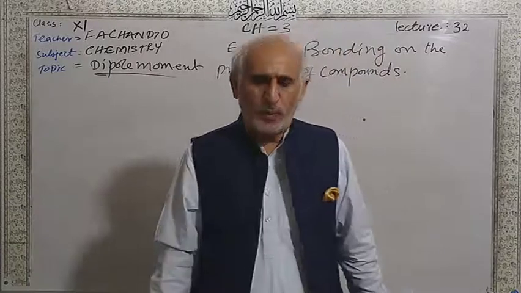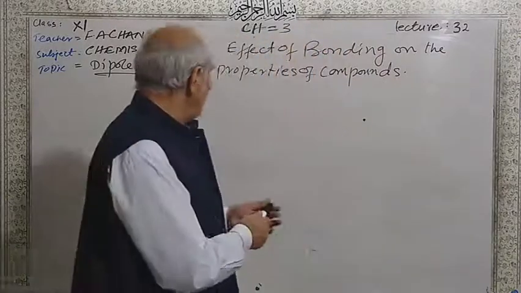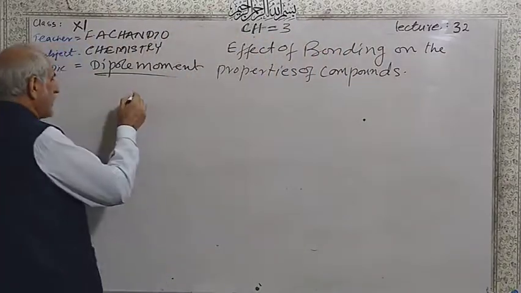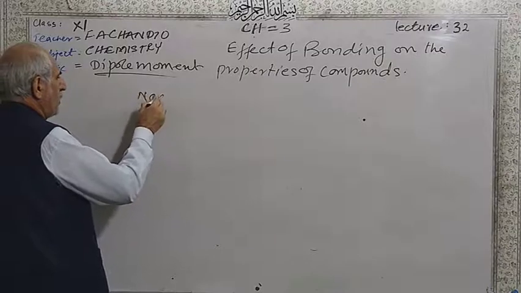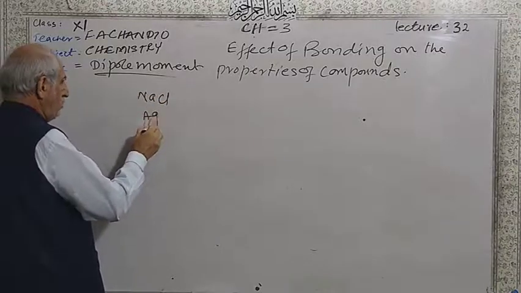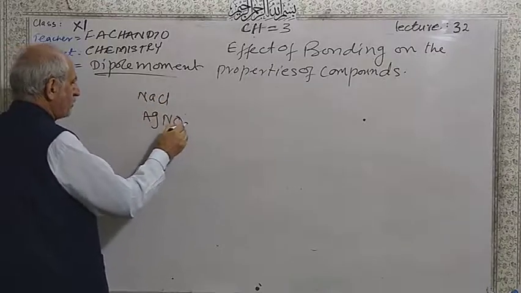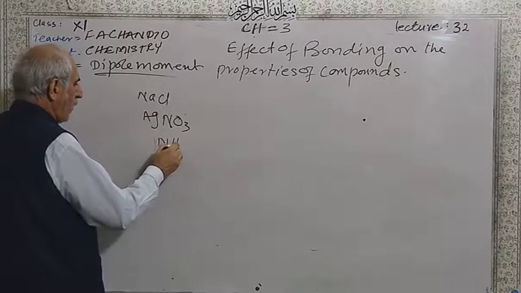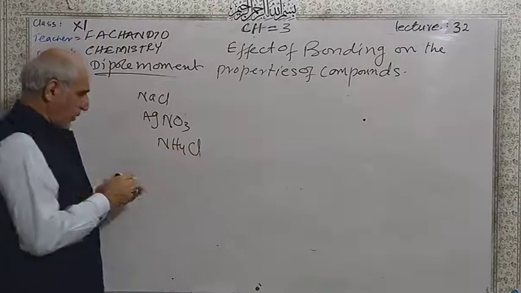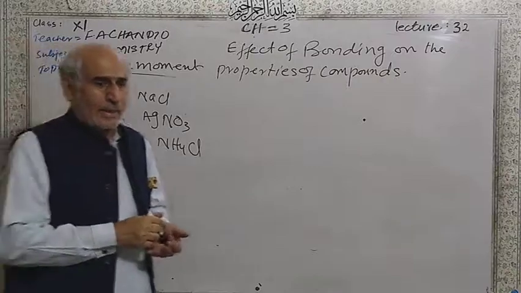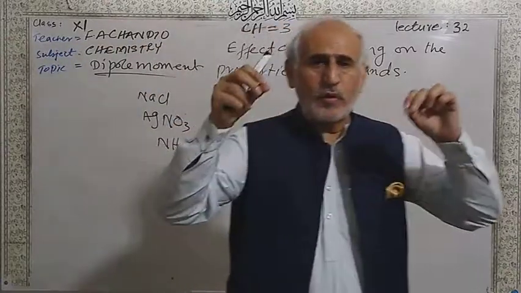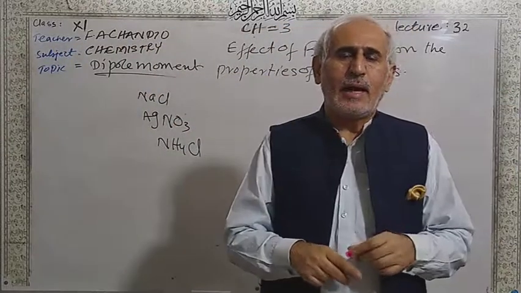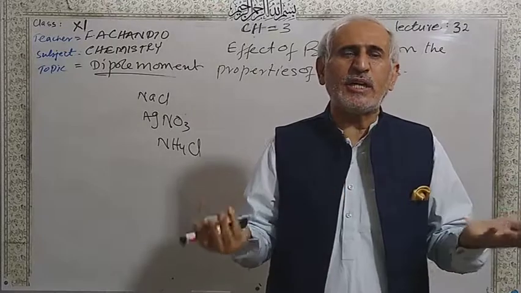So ionic compounds, just like sodium chloride, silver nitrate, and ammonium chloride, dissolve in water and dissociate into ions.